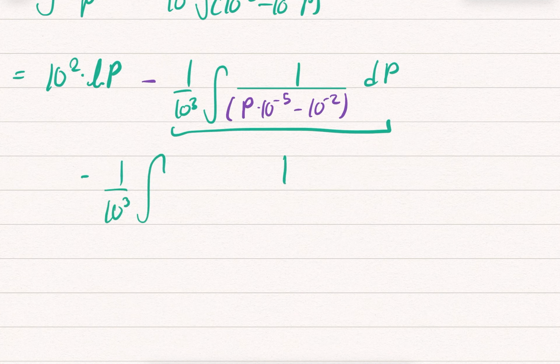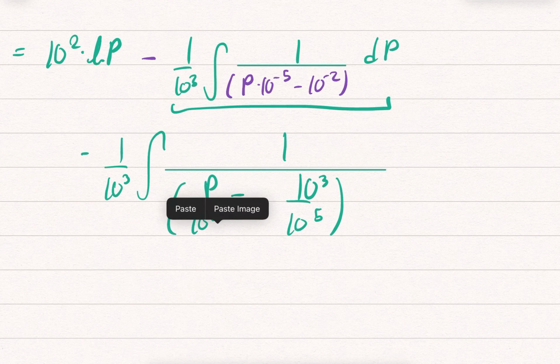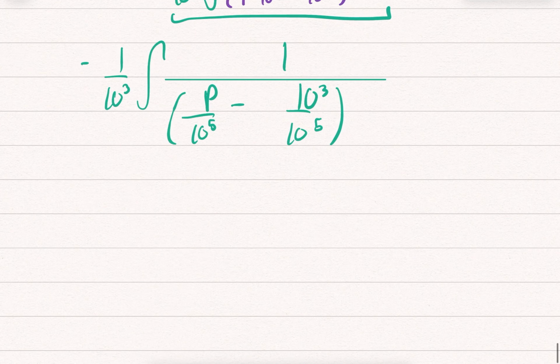The integral of 1 over P over 10 to the 5 minus 1 over 10 to the 5, okay? Or sorry, over 10 squared. So what I could do is multiply this by 10 cubed. So I have 10 cubed in the numerator over 10 to the 5. Okay, we're still good. So this now becomes minus 1 over 10 cubed.